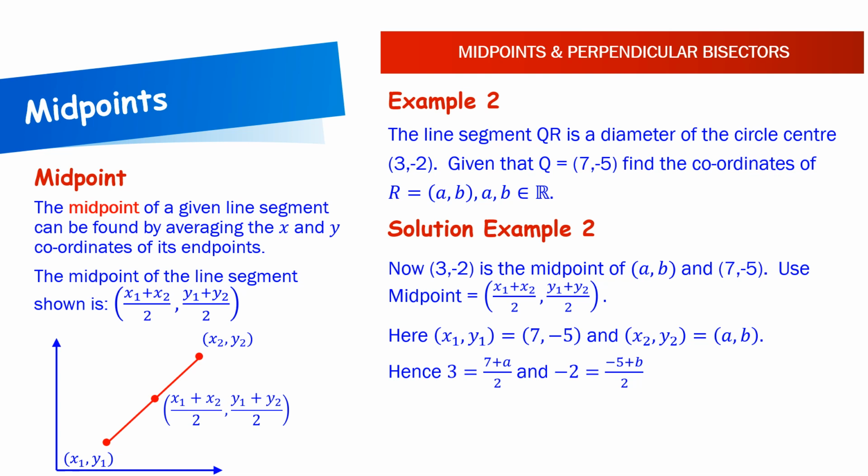Therefore, 3 is equal to (7 + a)/2, and -2 equals (-5 + b)/2. So solving for a gives a equals -1 from the first equation, and solving for b from the second equation gives b equals 1. Therefore, R is equal to (-1, 1).